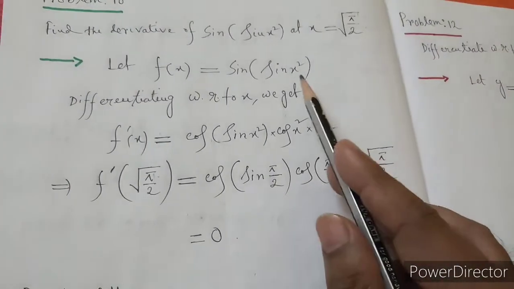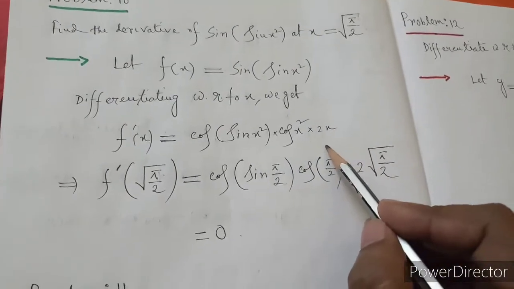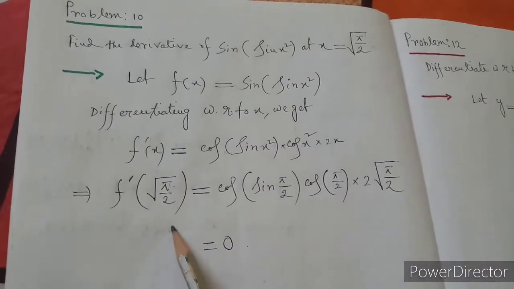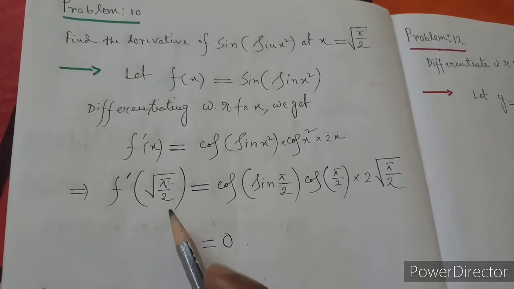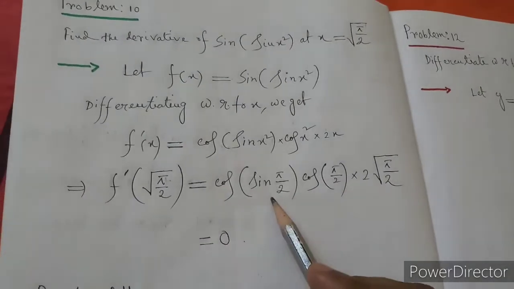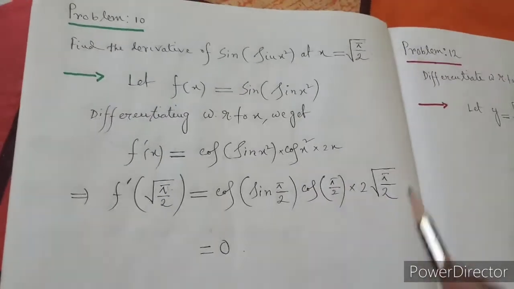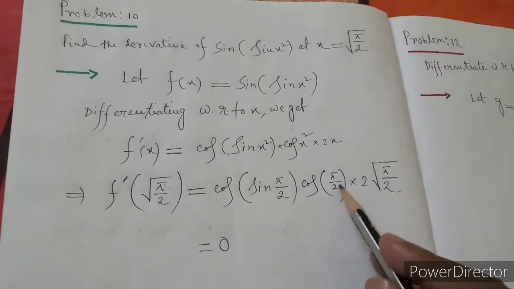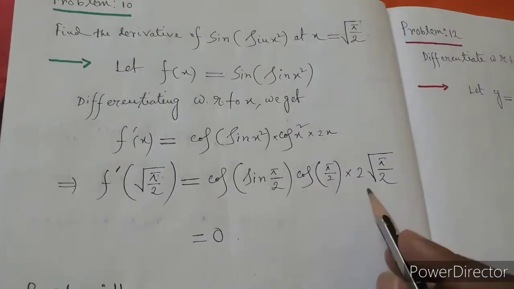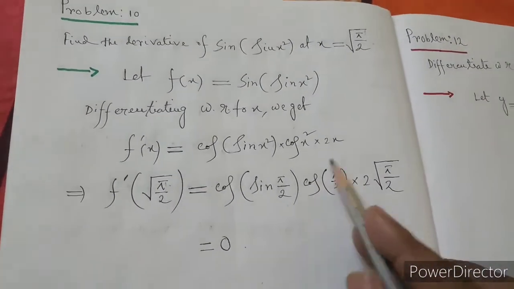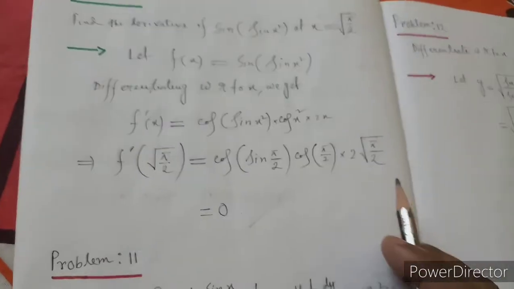Again by chain rule, derivative of x square is 2x. Now instead of x put root under pi by 2. So f dash of root under pi by 2 means cos of pi by 2 into 2 into root under pi by 2. Cos pi by 2 means 0, so the answer is 0.